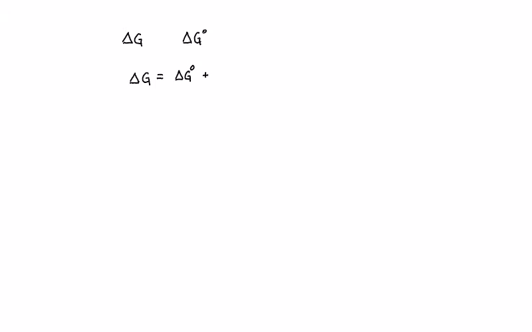So the free energy under non-standard conditions is going to be equal to the standard free energy plus this correction factor, which is RT times the natural log of Q. R is our gas constant, and because we're talking about energy here, we're going to use the version that is 8.3145 joules per mole Kelvin. T, as usual, is our temperature in Kelvin, and Q is our reaction quotient.